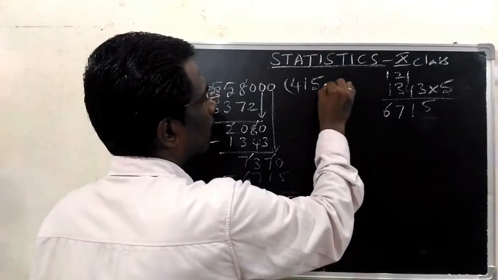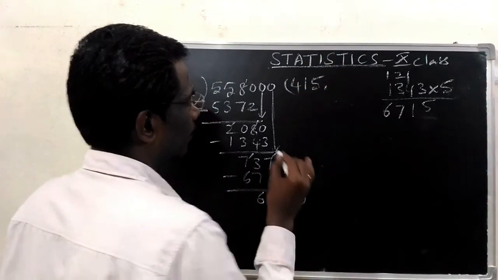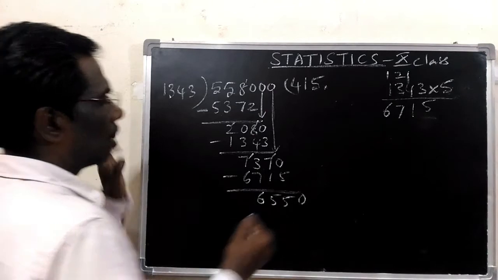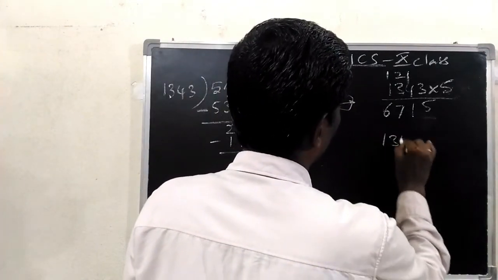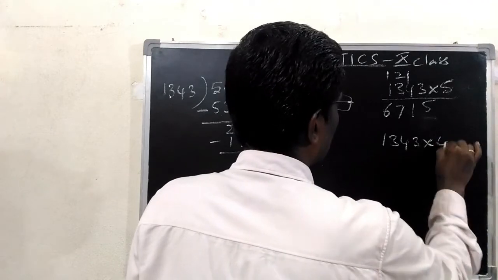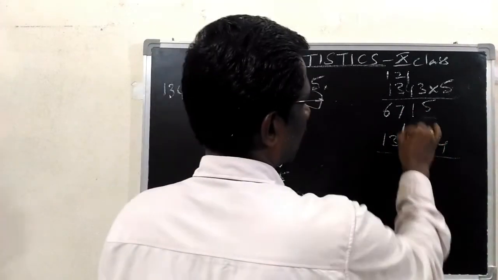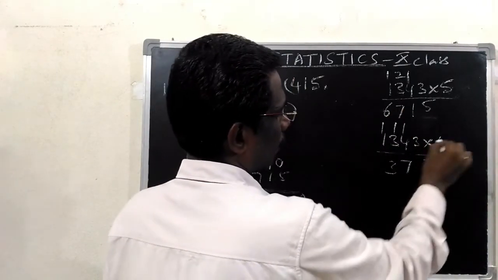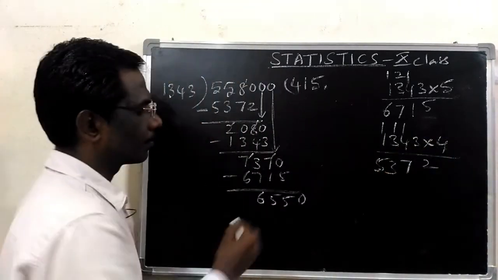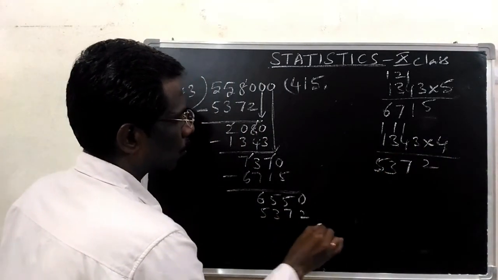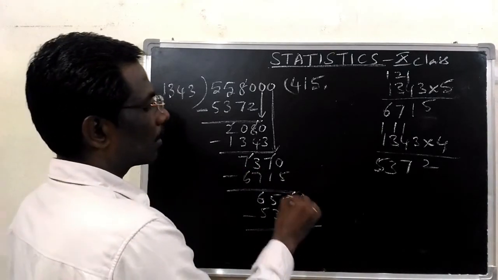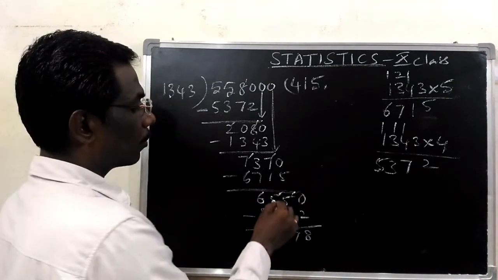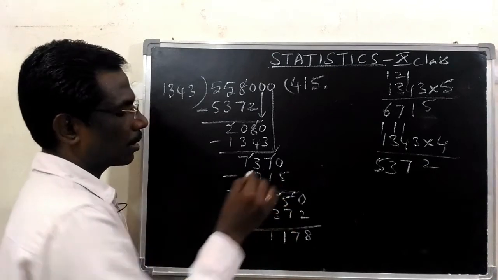After this we put the decimal point and take a 0 here. It is now 6550. So how many times will 1343 go? We will check with the 4 table. 4 3s are 12, 4 4s are 16 plus 1 is 17, 4 3s are 12 plus 1 is 13, 4 1s are 4, 4 plus 1 is 5. So 5372, and subtract it. 10 minus 2 is 8, 14 minus 7 is 7, 4 minus 3 is 1, and 6 minus 5 is also 1.